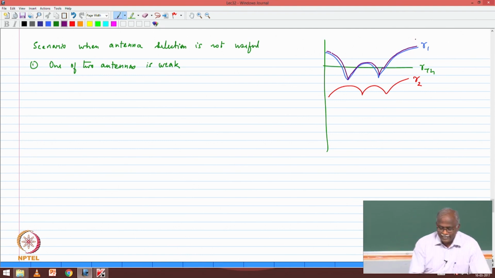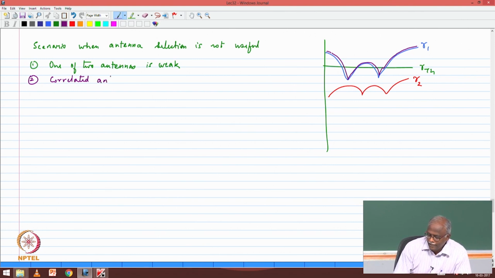So, that is the second scenario: the antennas are correlated. This is a case where the correlation factor is equal to 1. Whenever one antenna is in a fade, the other one is also in a fade. Therefore, there is no benefit for this particular element.